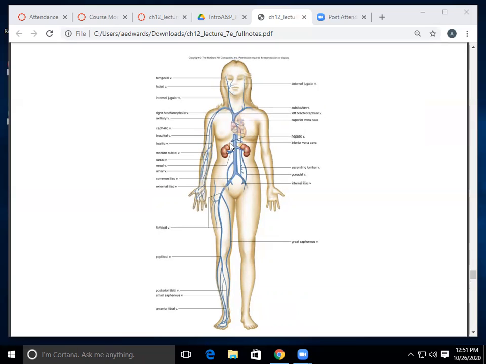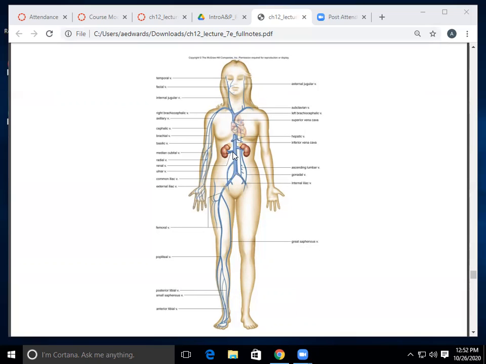Here's your hepatic vein for your liver, and renal veins for your kidneys, common iliac vein here in the hip region. Okay. So common iliac helps form the inferior vena cava.